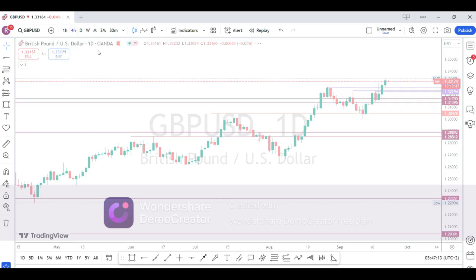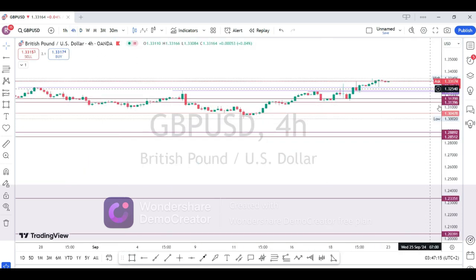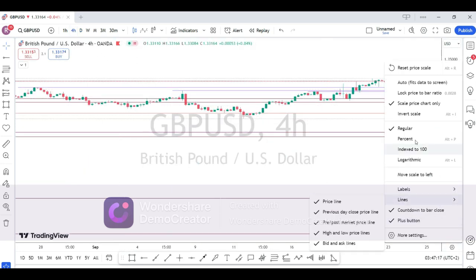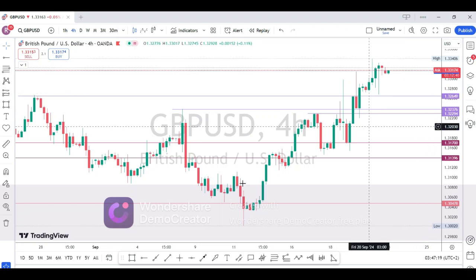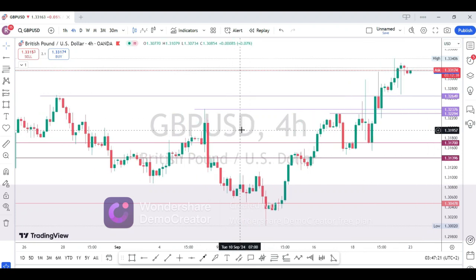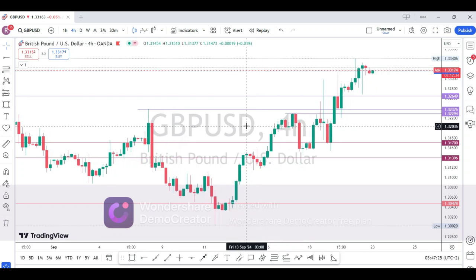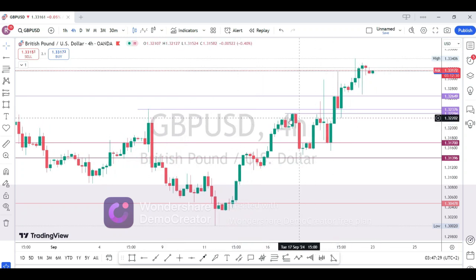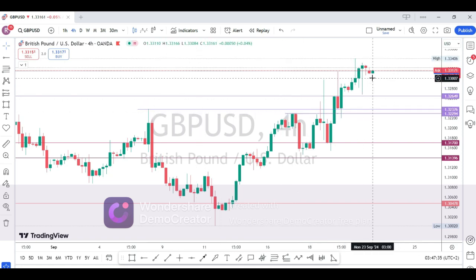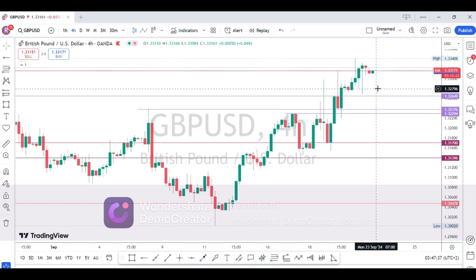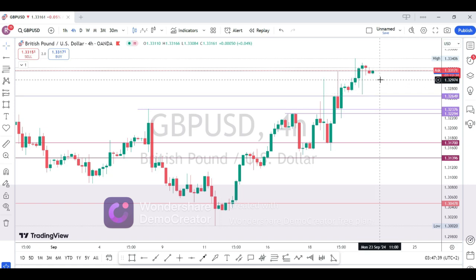So let's move down to the 4 hours time frame. Let's change the setting. Good. As you can see, our resistance and support from the daily is now acting well on the 4 hour time frame. So we don't have anything to worry about. We'll be waiting for the market to come and retest this level. We will take it to the upside direction.